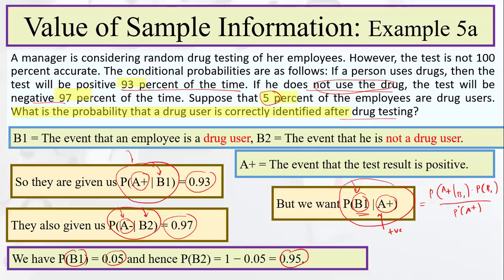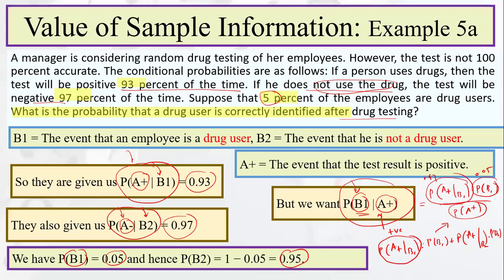That's the formula. The denominator is the total probability: probability of A plus given B1 multiplied by probability of B1, plus probability of A plus given B2 multiplied by probability of B2. That's what you need to write down in the denominator.